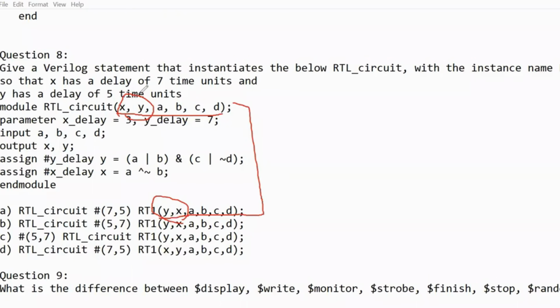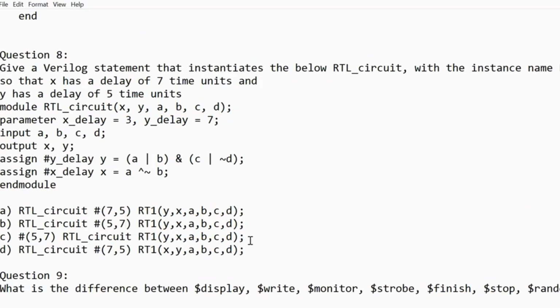Suppose here x is a different output, y is a different output, so you need to connect in the port list x to x, y to y. If you are taking some other variable, then also you need to connect with those related variables only. If you don't take the correct variable, your output will mismatch. So this fourth option is correct. Did everyone understand? Whereas x is the delay 7 and y is delay 5.